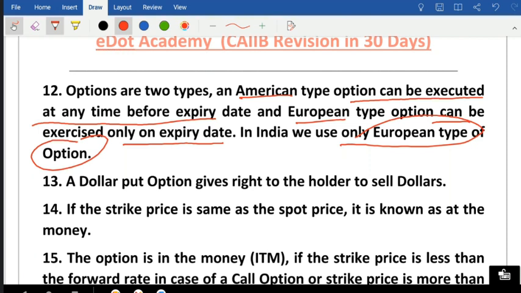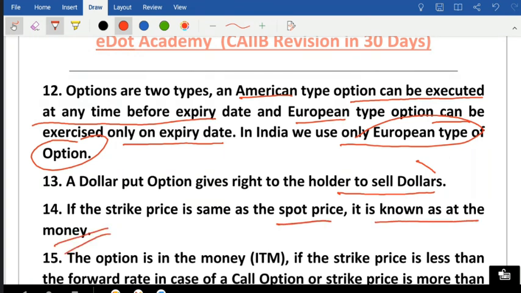A dollar put option gives the right to the holder to sell the dollar. So put means he can sell or not sell. If the strike price is the same as the spot price, it's known as at the money. Very important.